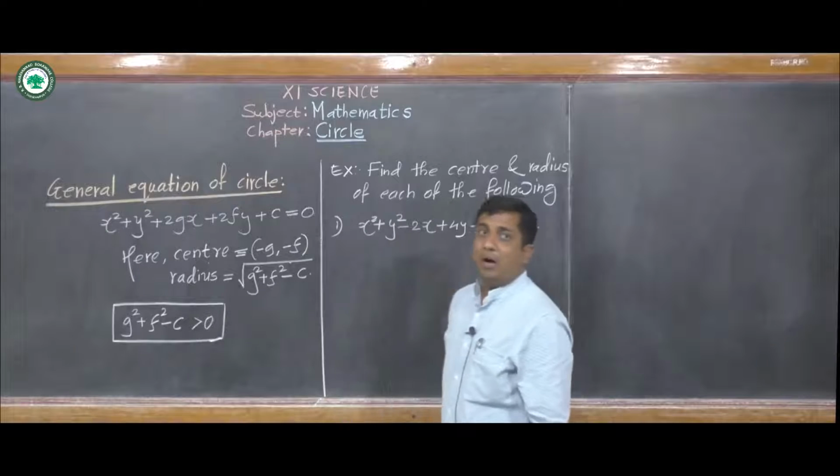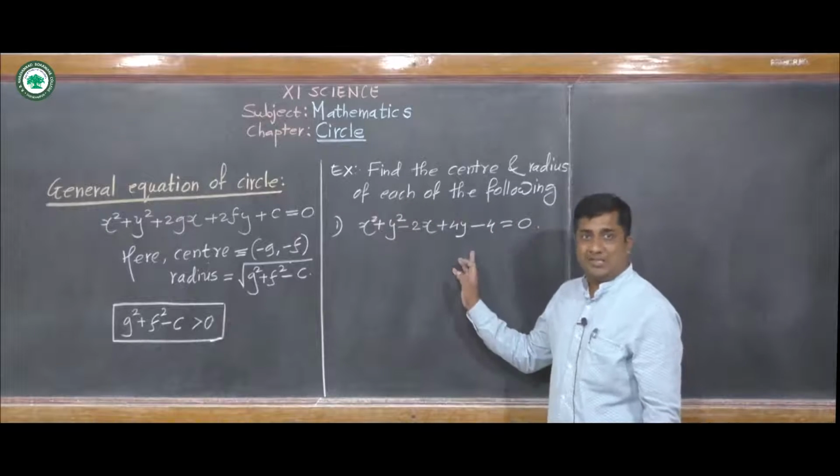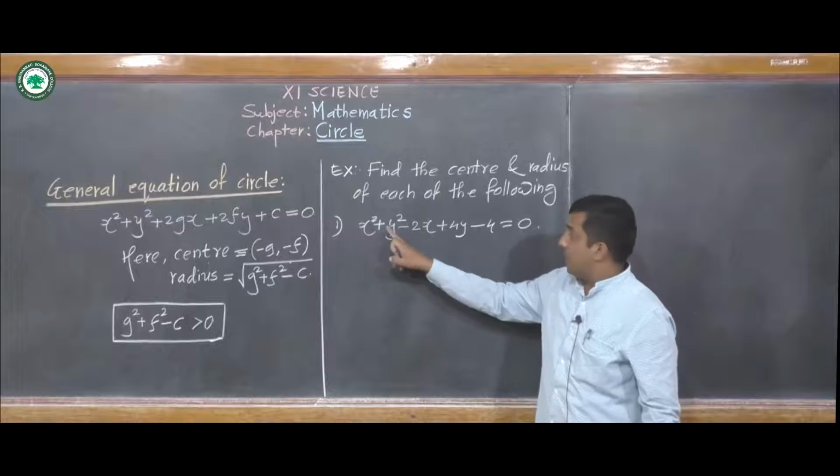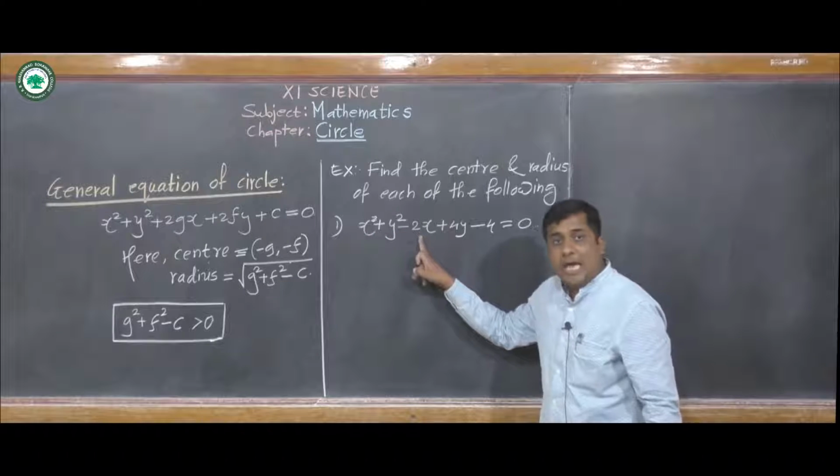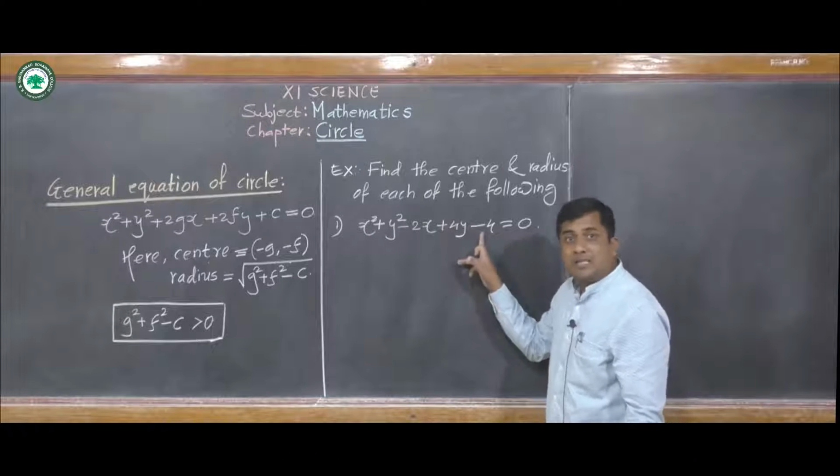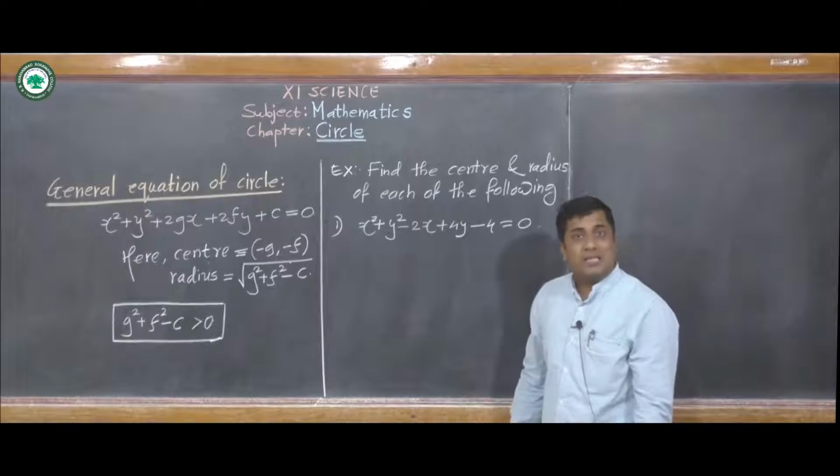Now remember, this given equation is in the form x square plus y square plus 2gx plus 2fy plus c is equal to 0.